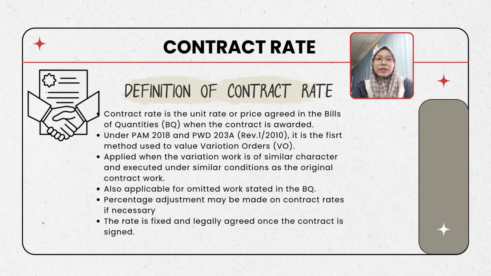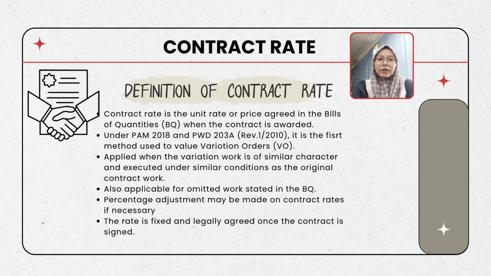Assalamualaikum. Today I will explain about contract rate, which is one of the methods used to value a variation order in construction projects. First, let me explain what a contract rate is. A contract rate is the unit price or rate that has already been agreed between the employer and the contractor during the tender stage.